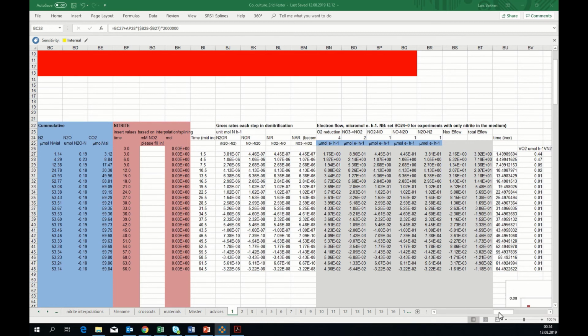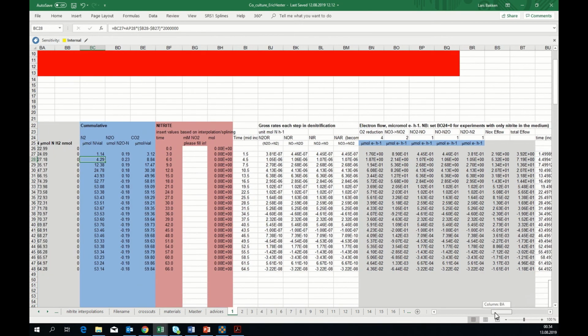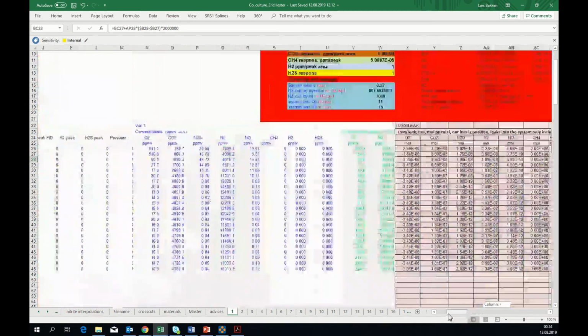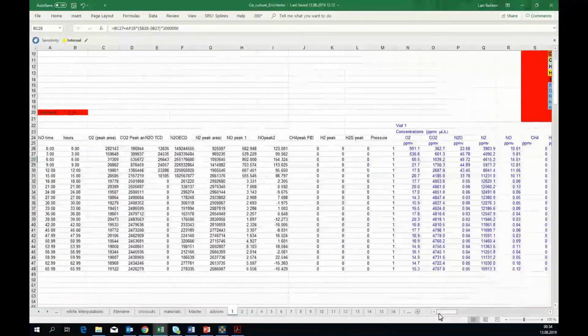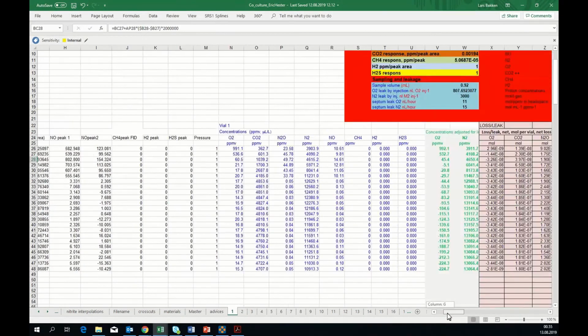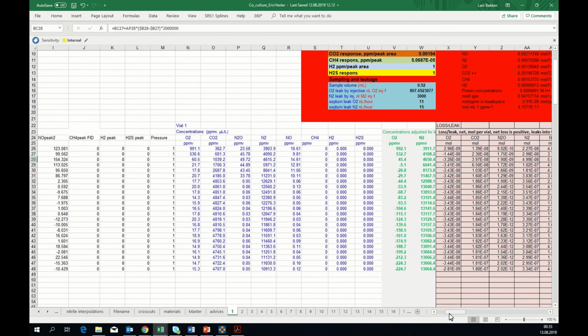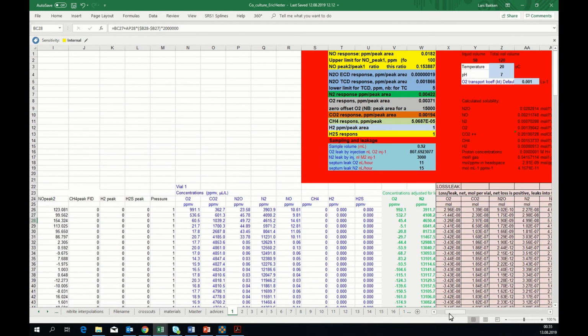And then we should go to the left again and try to show how these calculations are done, how this is parameterized. If you go to the top here, you find in column W a number of parameters that determine the response.